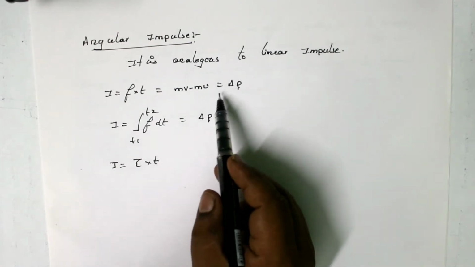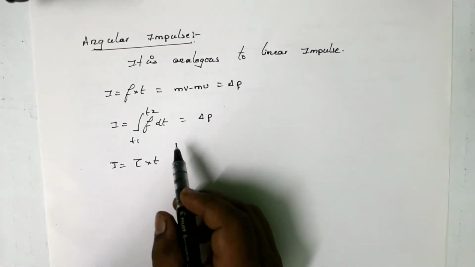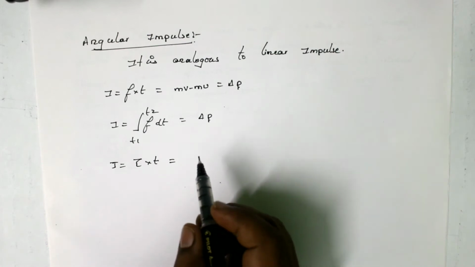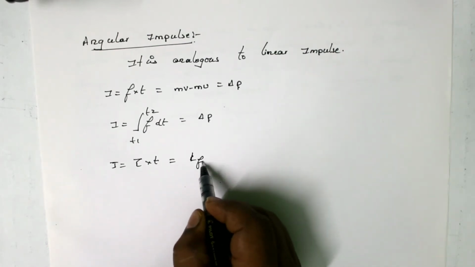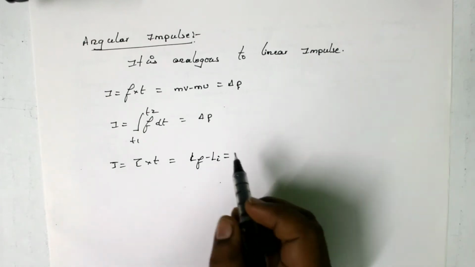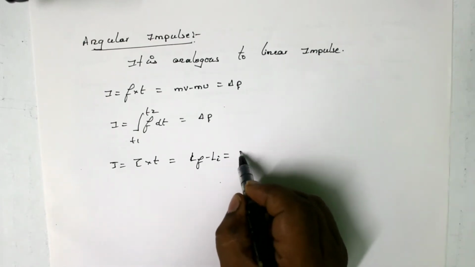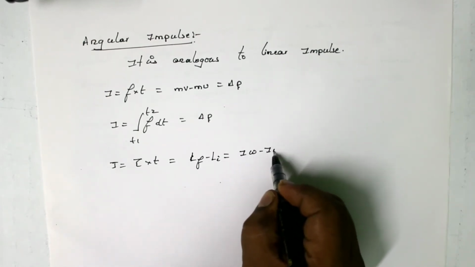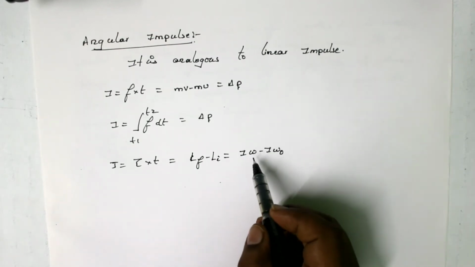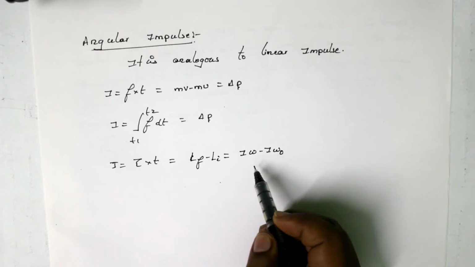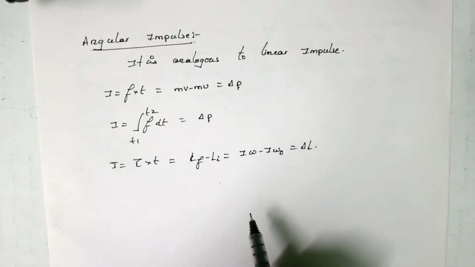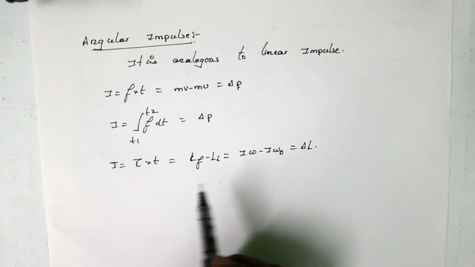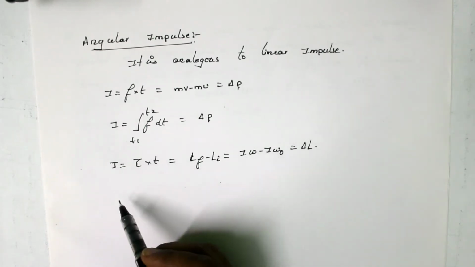Linear impulse changes linear momentum of a body, so angular impulse will change angular momentum of a body, which I can write as L final minus L initial, or I omega minus I omega naught, where omega is the final angular velocity and omega naught is the initial angular velocity, or delta L also. And this is the equation for angular impulse if torque is a constant.